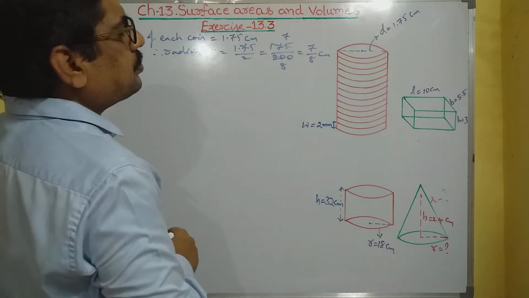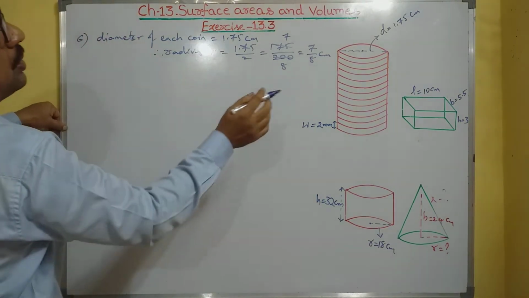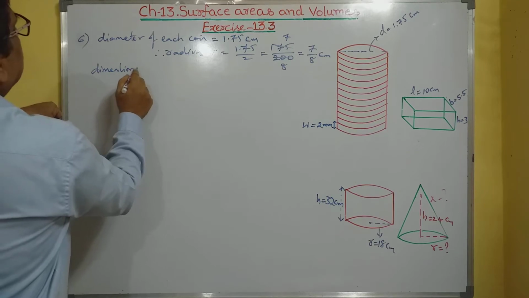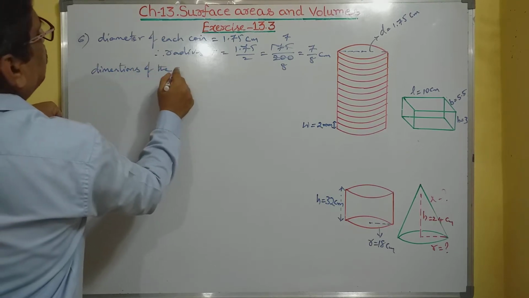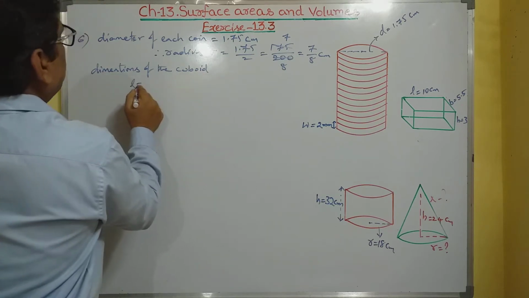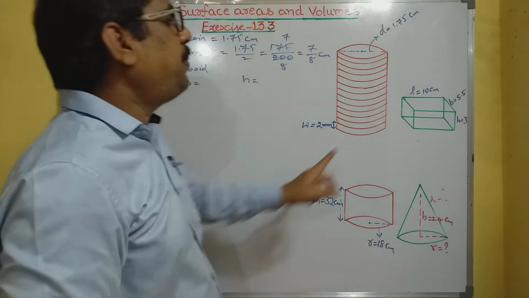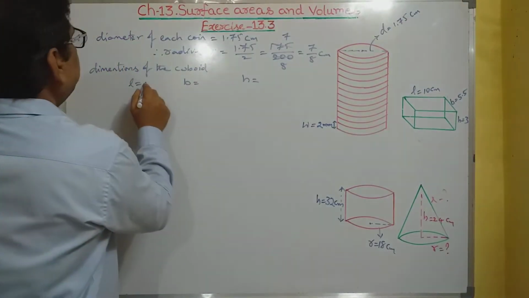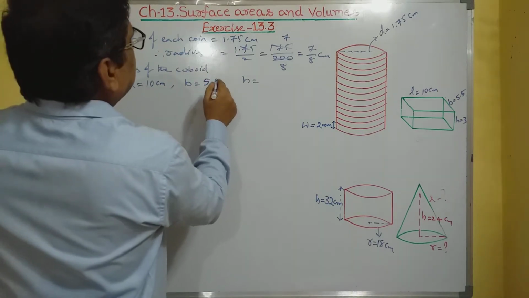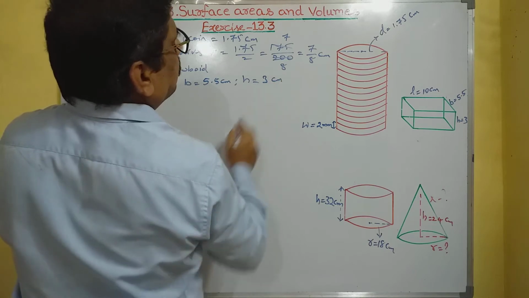Now here we have to get the dimensions of the cuboid. The dimensions of the cuboid are L, B and H. Let us take the biggest value as L, 10 centimeters, 5.5 centimeters breadth, and the height is 3 centimeters.